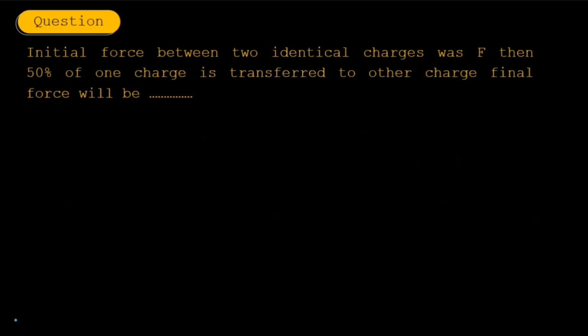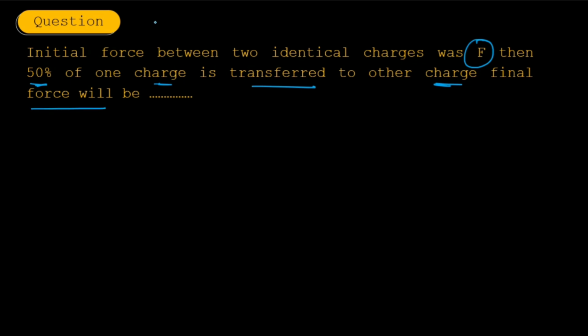Again, we have to practice many questions here, and we'll try to figure out how force will change in all the given problems. The next question says: initially the force between two identical charges was F. Then 50% of one charge is transferred to the other charge. What will the final force be? Now this is a tricky one.